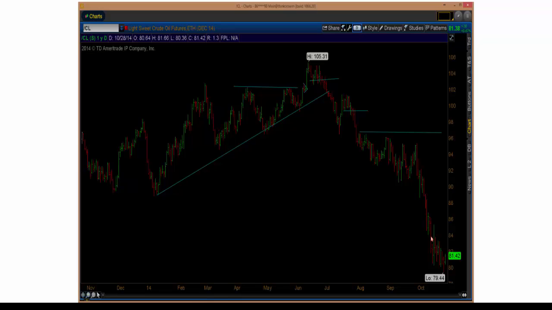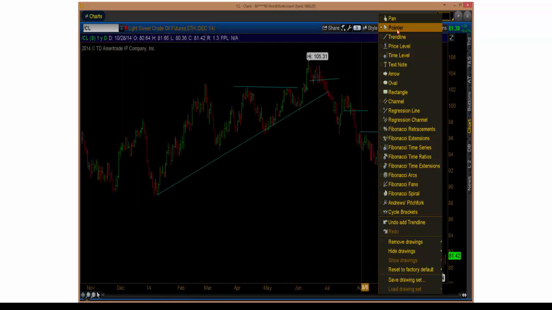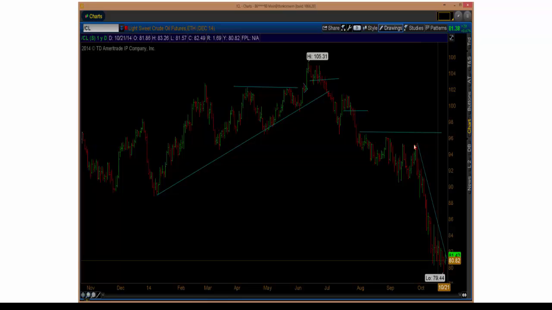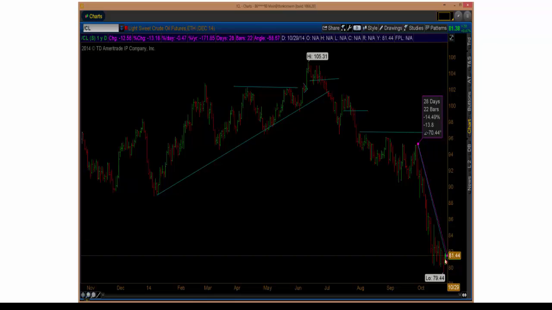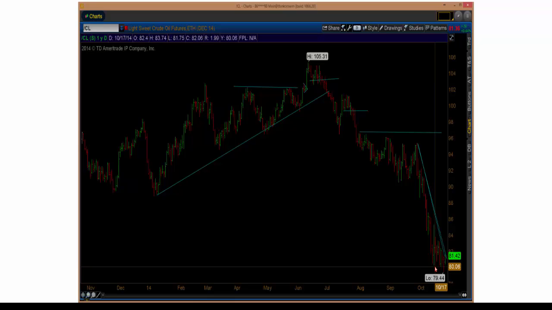Let me point something else out before I move back to that hourly chart here. Pardon me for that. Very big, very big downtrend line here. Couple ways to draw this. You know, technical analysis is both science and an art.